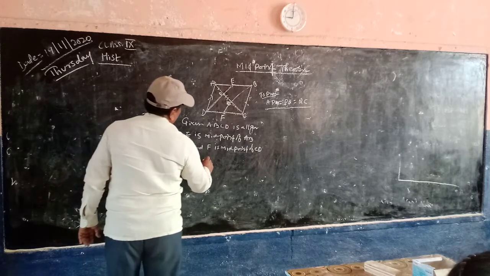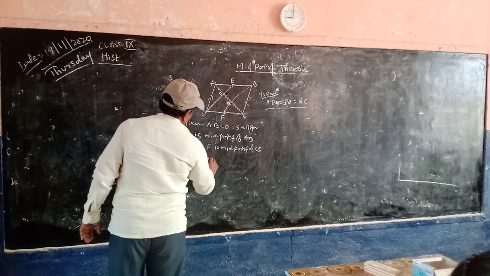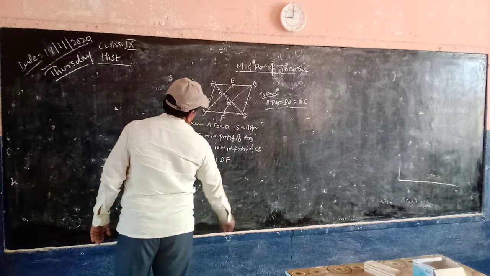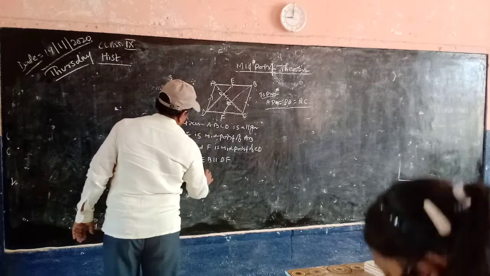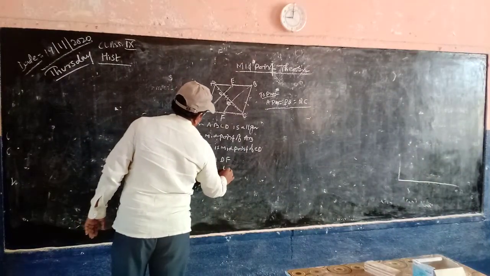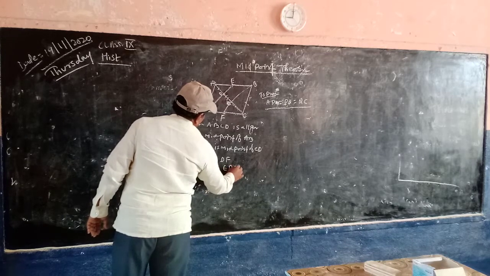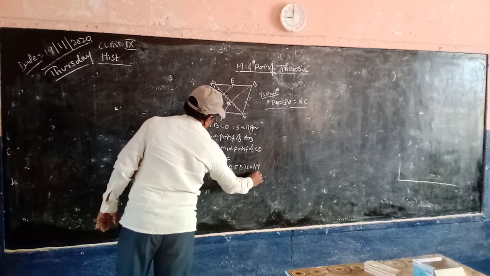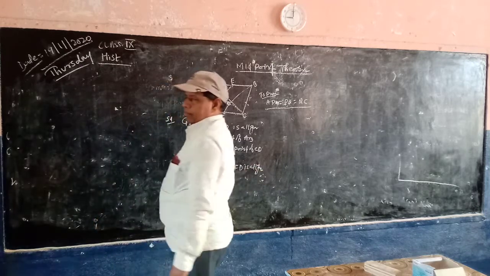So EB is parallel to DF, hence EBFD is a parallelogram.